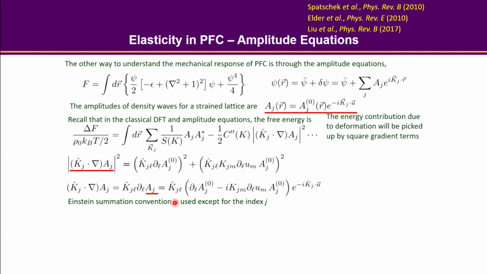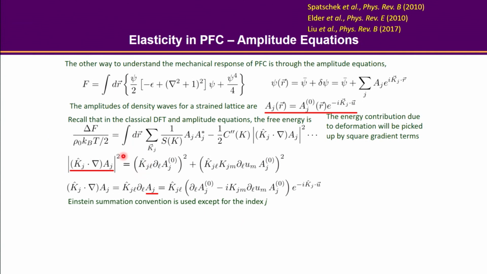You see this K_jl partial l A naught squared, and also whatever coefficient is associated with this i. So that's K_jm, and also there's a prefix K_jl, so that's why there are 2 k. And this partial l u_m and A naught squared. All right, so that's just the algebra.